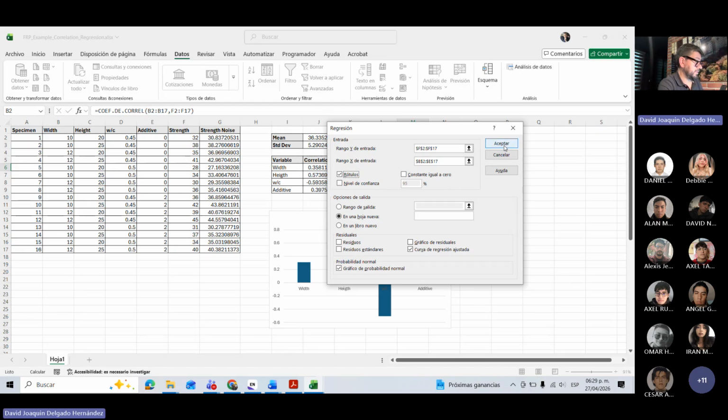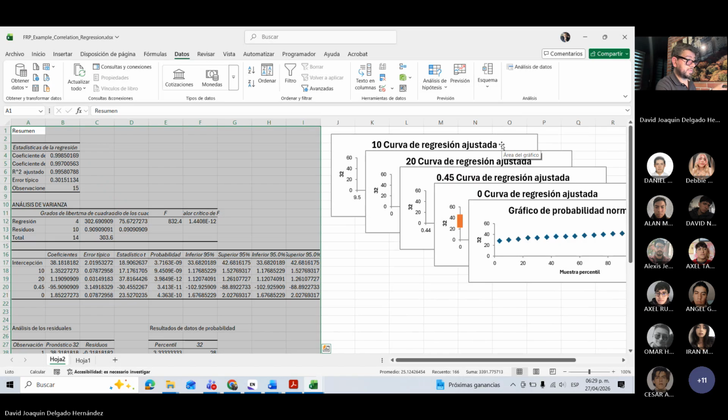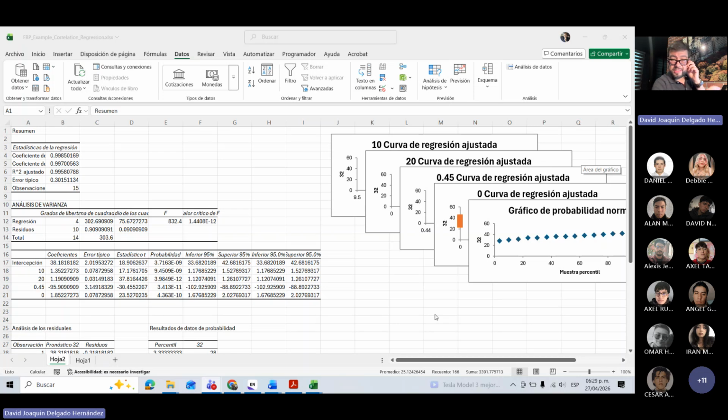And I think that that's it. And you put accept. Here we are. So it creates a new sheet of Excel, hoja 2, with all the results of the regression, okay? So let us now look at the results. And here is the ANOVA as well, the análisis de varianza ANOVA.